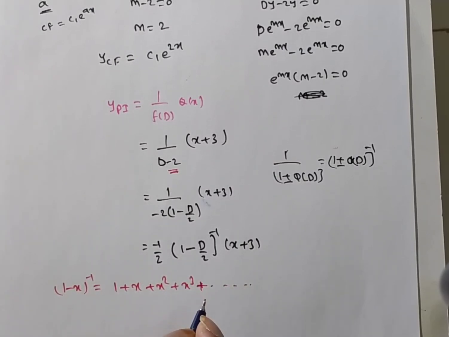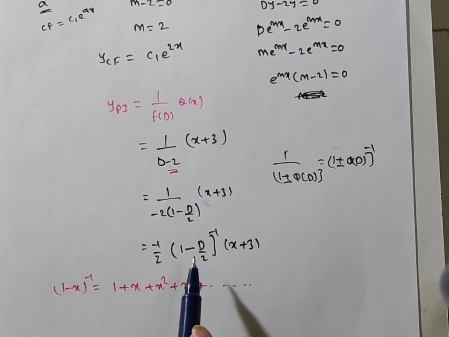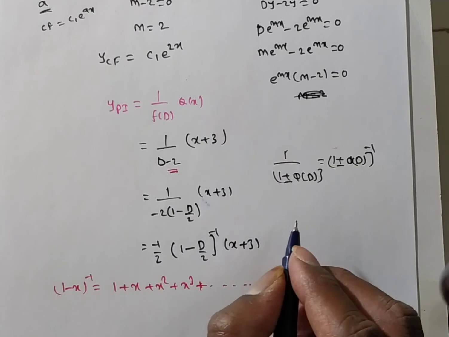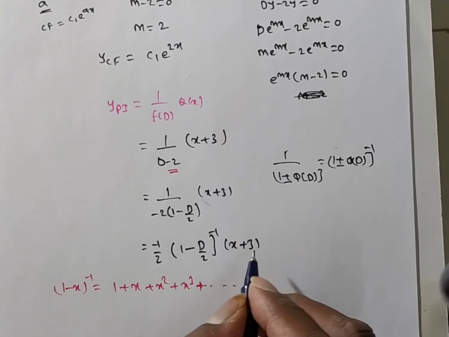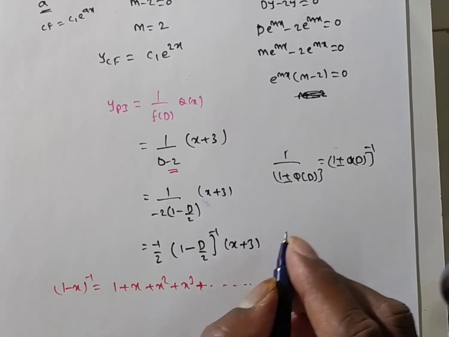So in the binomial expansion we don't know the highest degree. This D/2 is nothing but x. So how many times do you have to write the power of D/2? That is based on the polynomial. What is the polynomial here? You have x + 3.